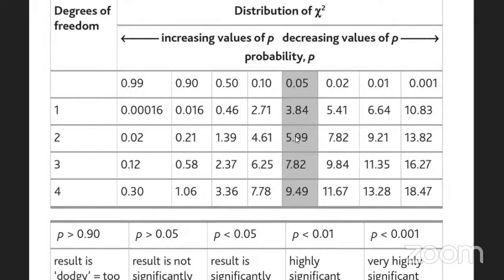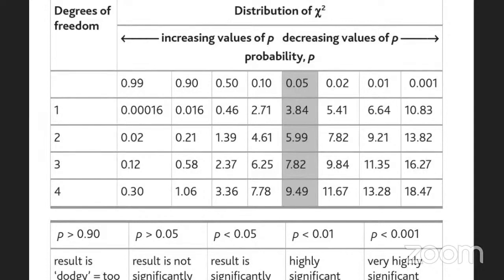The number where the degree of freedom and the probability meet is our critical value. So you find your degree of freedom and match it with the 0.05. Let us do a quick example.